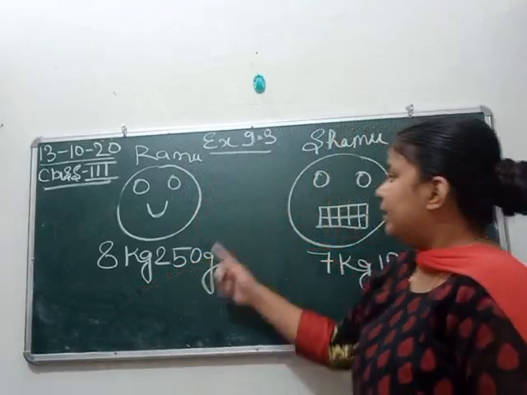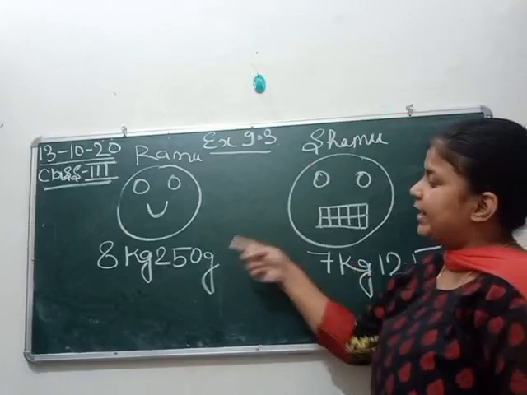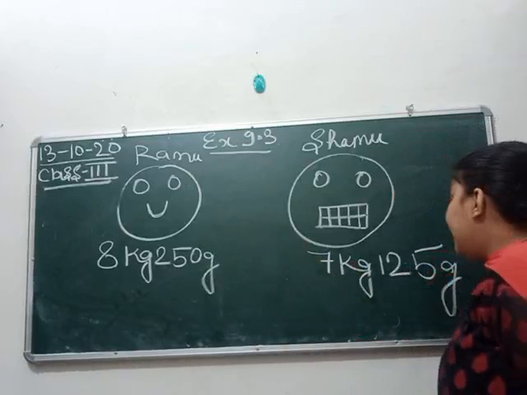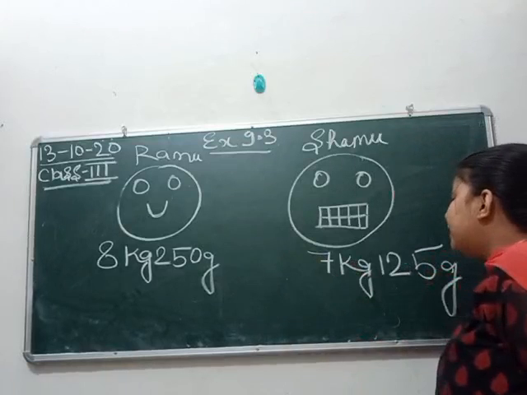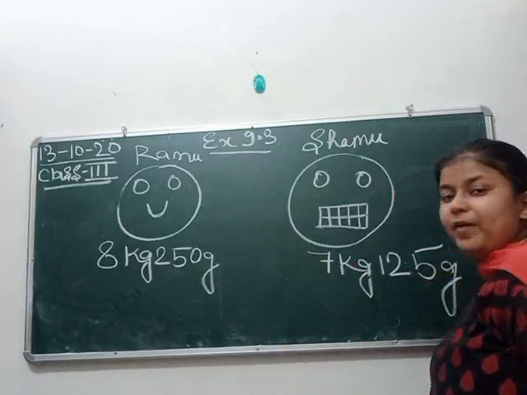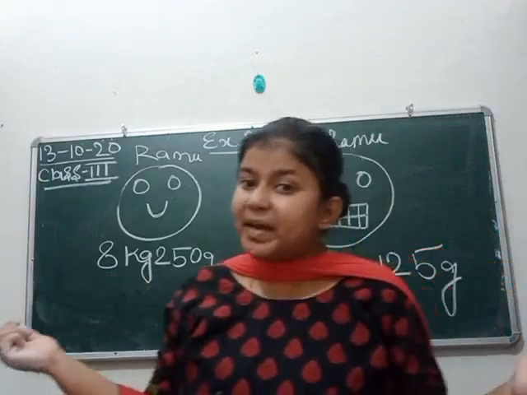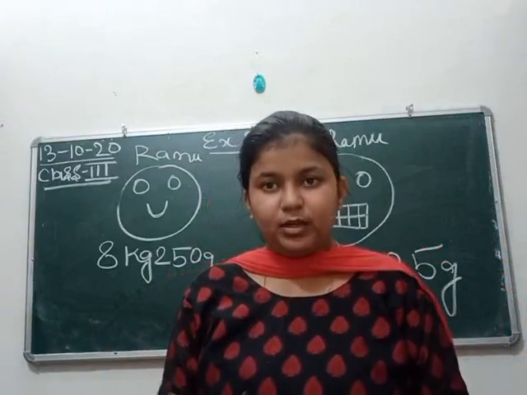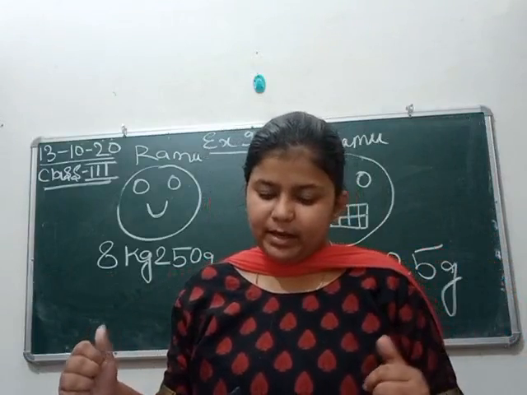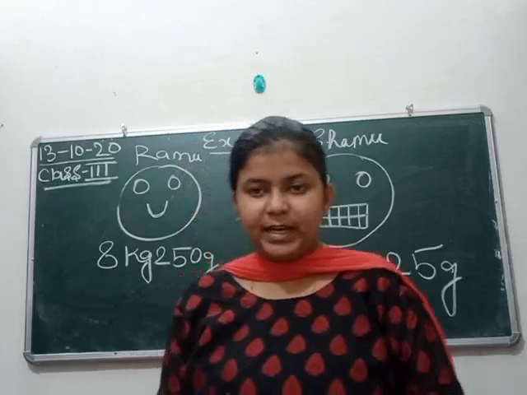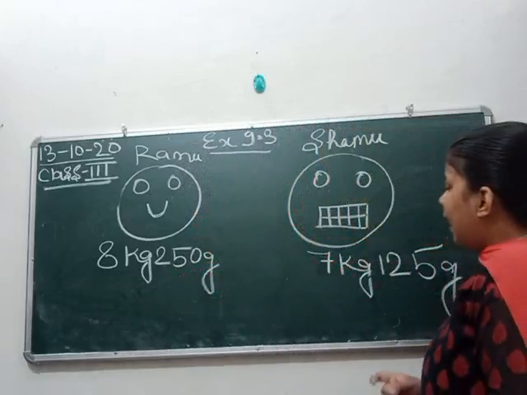See, Ramu has got 8 kg 250 gram of apple, and Shyamu has bought 7 kg 125 gram of apple. Now what we have to do is compare the values. Let us compare.